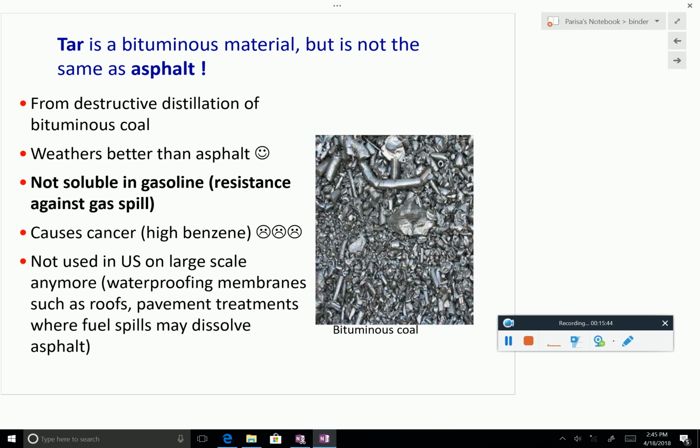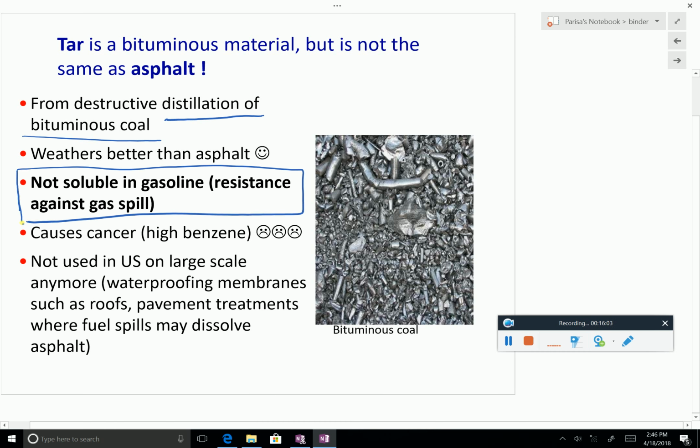Tar is another bituminous material. This is similar in properties, but it's actually a product of distillation of coal. It's completely different, has a completely different origin. The one property which you want to know about and remember about tar is that it doesn't dissolve in gasoline.